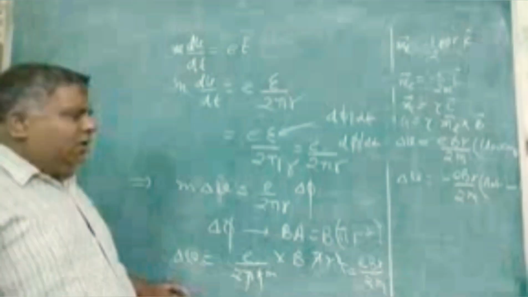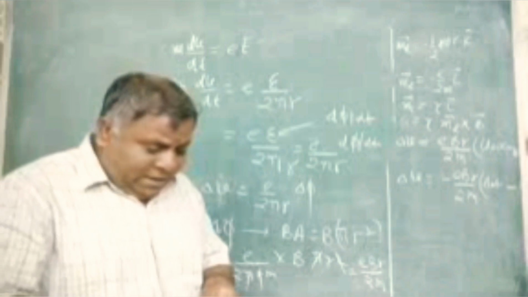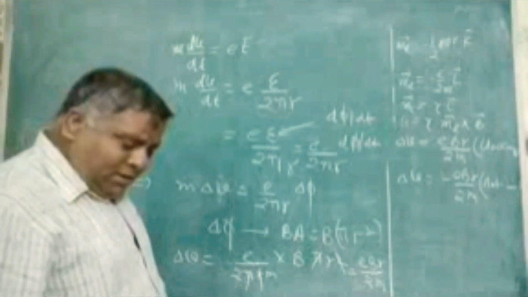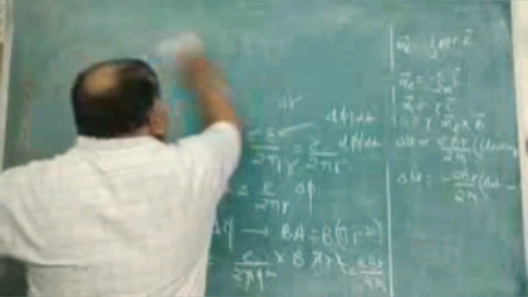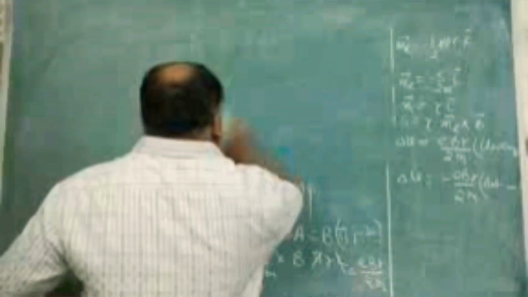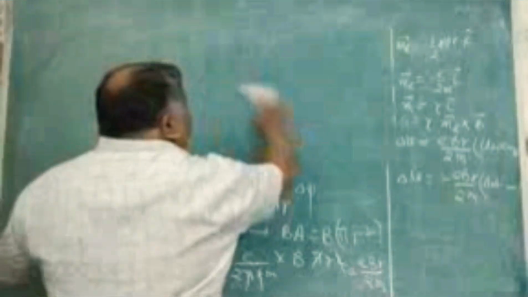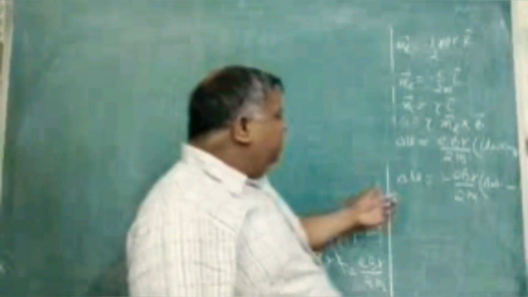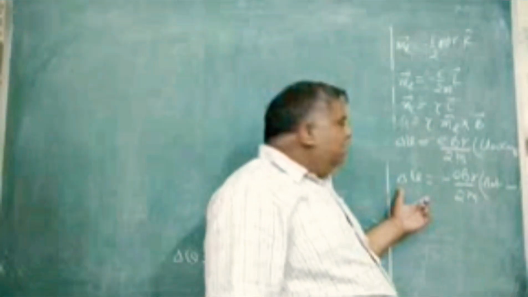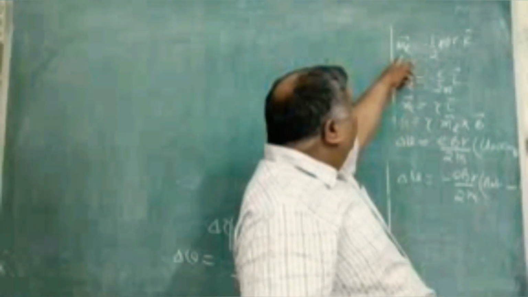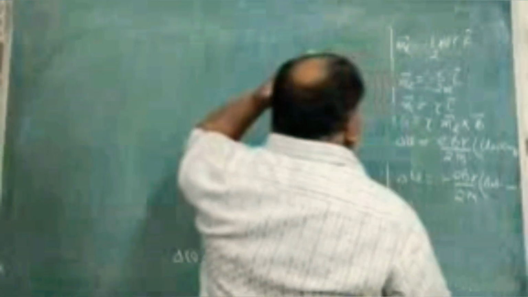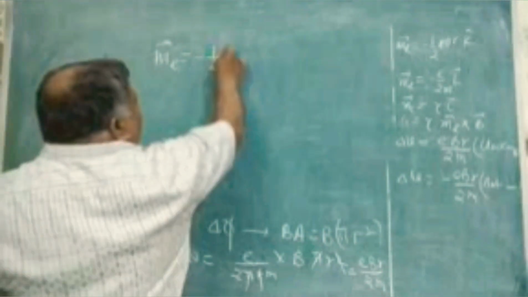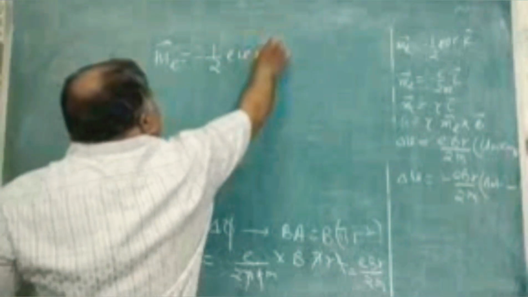So we can reach this result in another way. Now we have a change in velocities and we have the magnetic moment of E V R over 2.